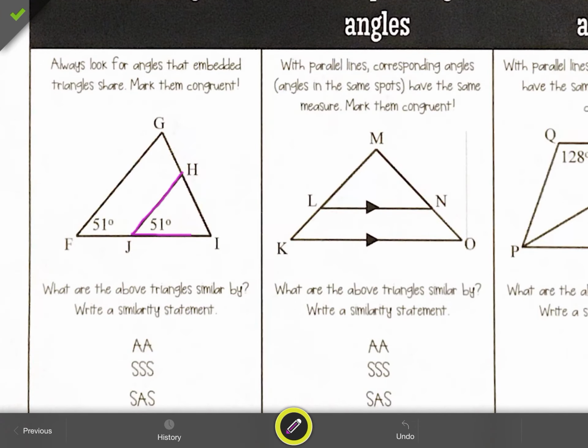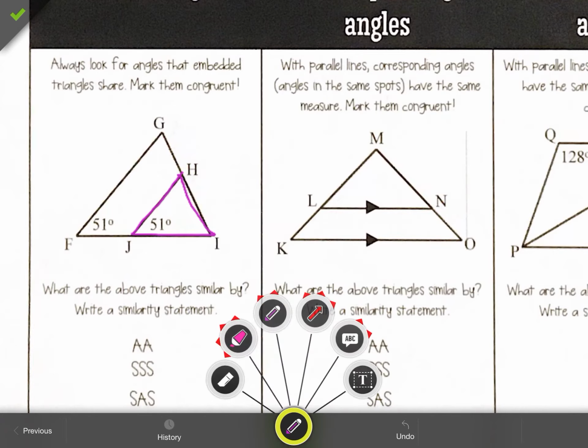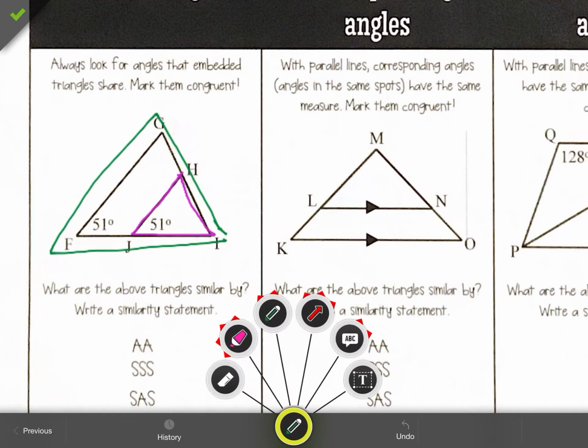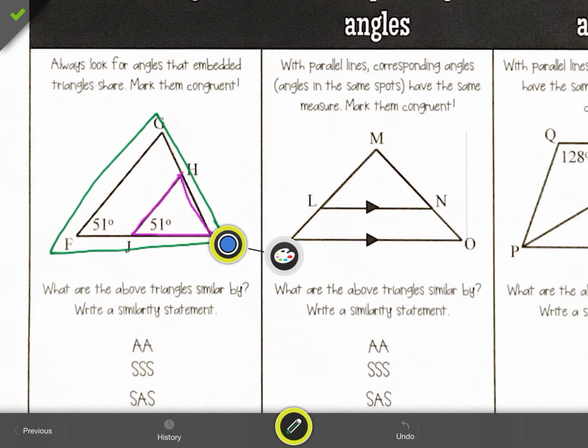What they're trying to say is you have the small triangle and you also have the bigger triangle. The small triangle in purple and the big triangle in green both share angle I, this top angle up here. So that's what they're telling you about.